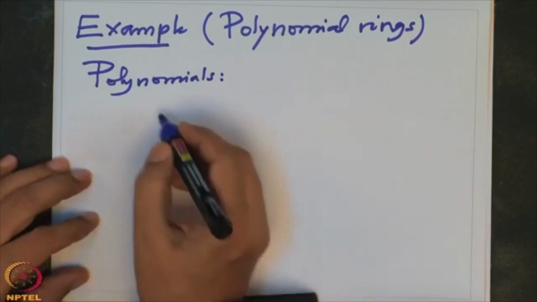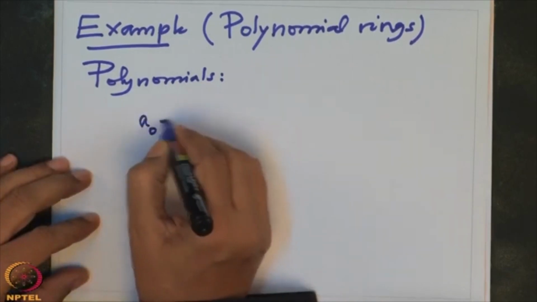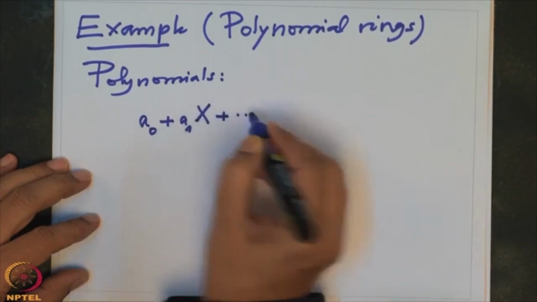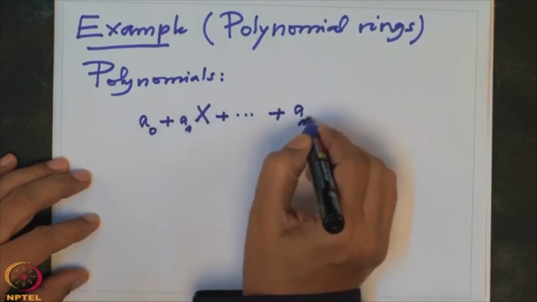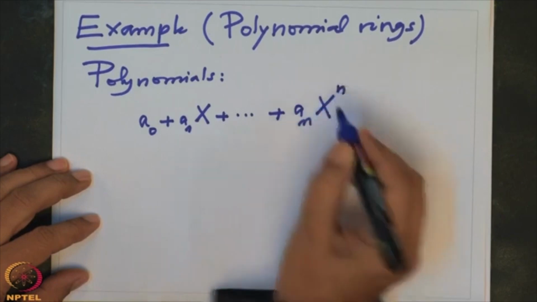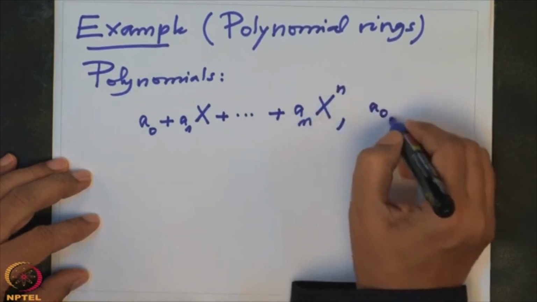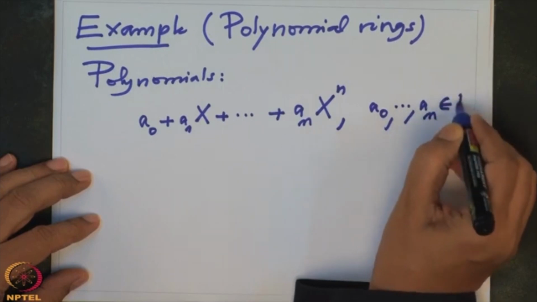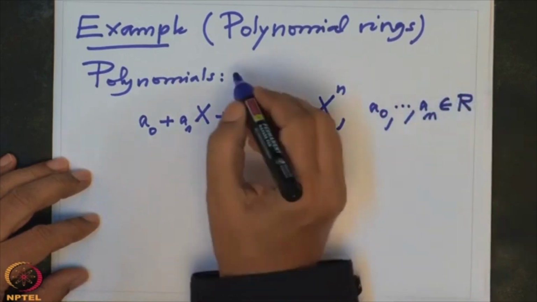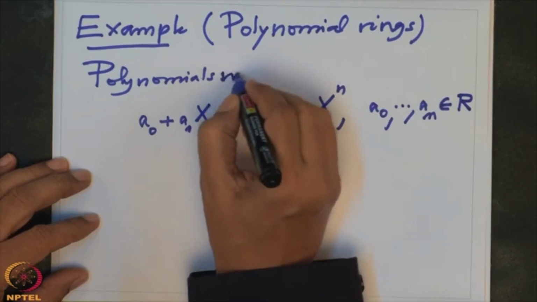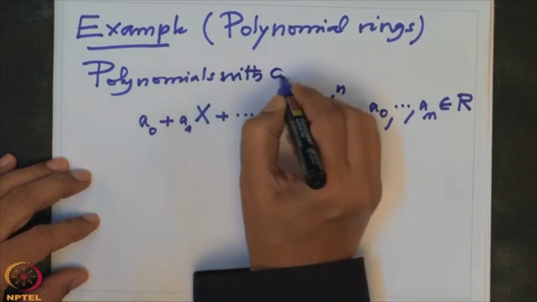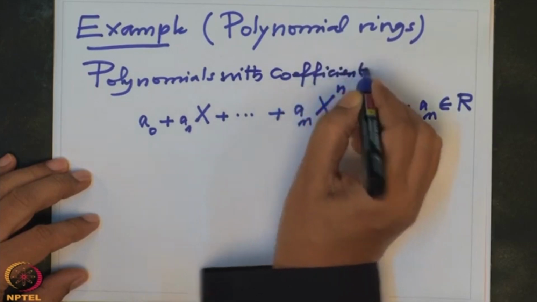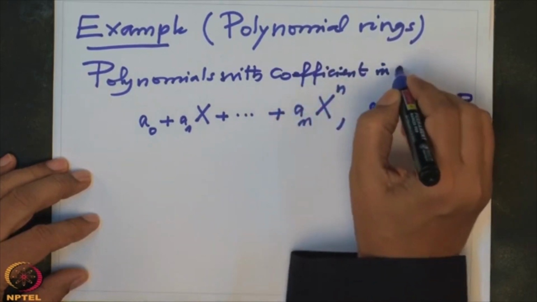Polynomial means an expression like this: a0 plus a1 x plus ... plus an x power n, where a0 to an are elements in a ring R. So these are polynomials with coefficients in the ring R.